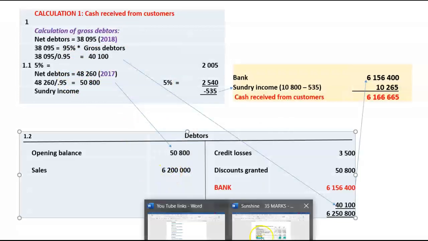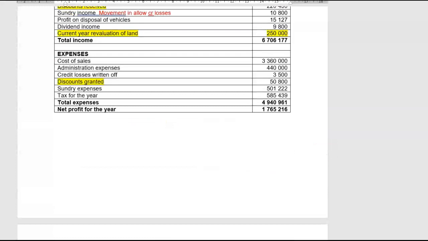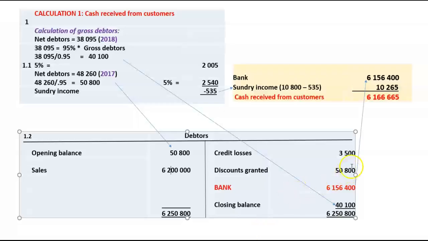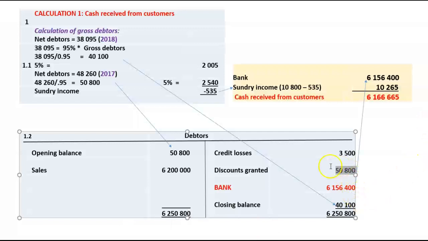Now sales, I said, we have accounted here for gross sales, which was the 6.2 million. And then they have put the discounts granted of 50,800 on the credit side. I would have netted it off against the sales amount, but it will give you exactly the same answer. So 6.2 million on that side, the discounts of 50,800.